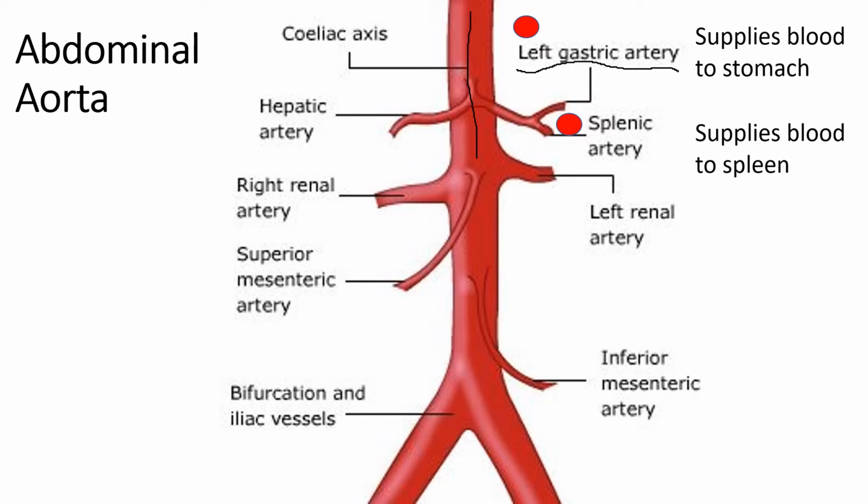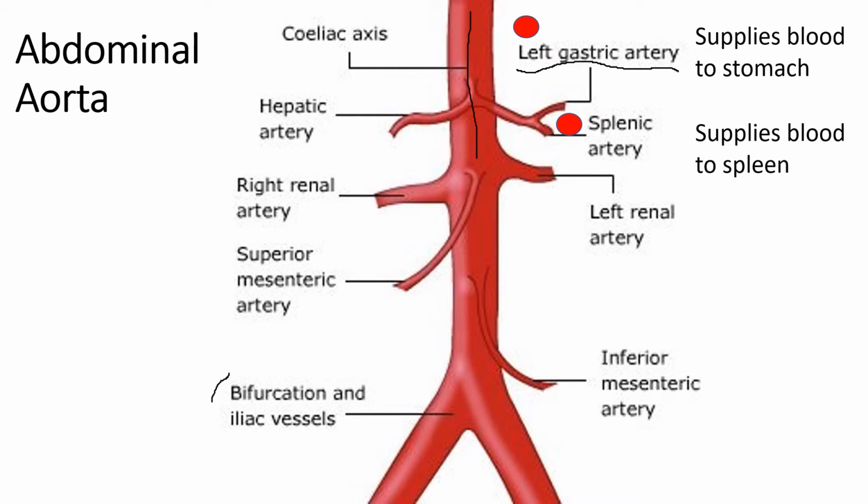For instance, the left gastric artery, where is this artery taking the oxygenated blood to? In the learning objectives that I mentioned before, you need to know where these branches of the arteries coming off the aorta are taking the blood. What part of the body are they going to carry it to?